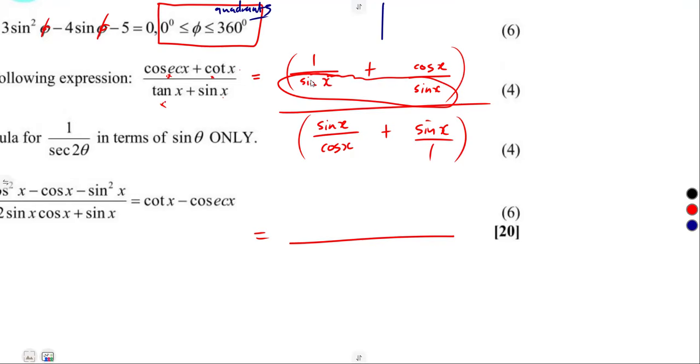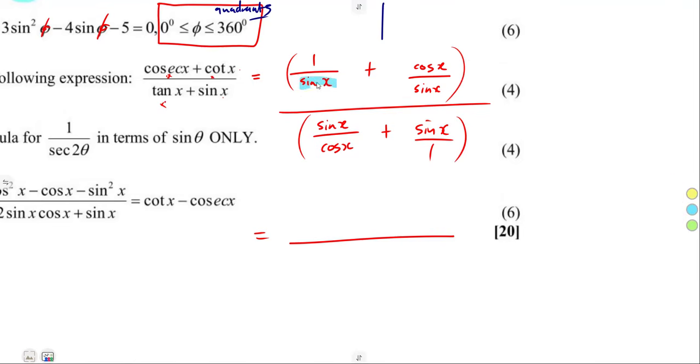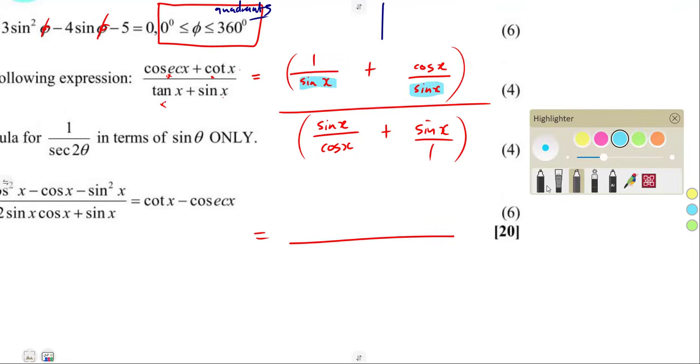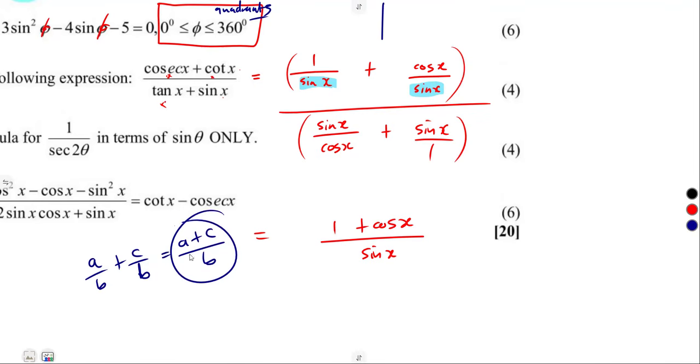The sine of x is the same; we've got the same denominator. So our answer is going to be under that same denominator. Just add the numerators together. So it's going to be 1 plus the cos of x over that common denominator, which is the sine of x. When the denominators are the same, a over b plus c over b is the same as a plus c over that same denominator.